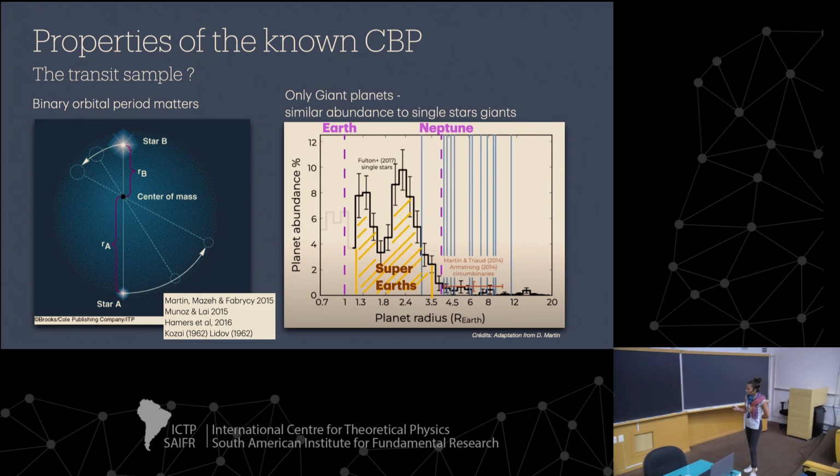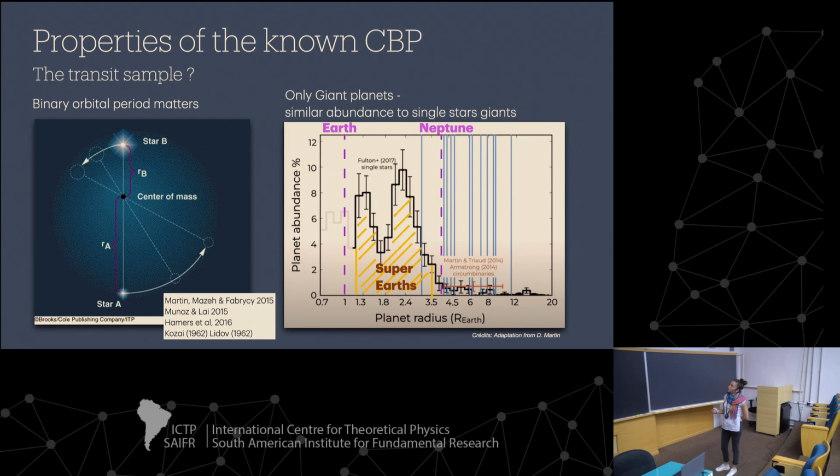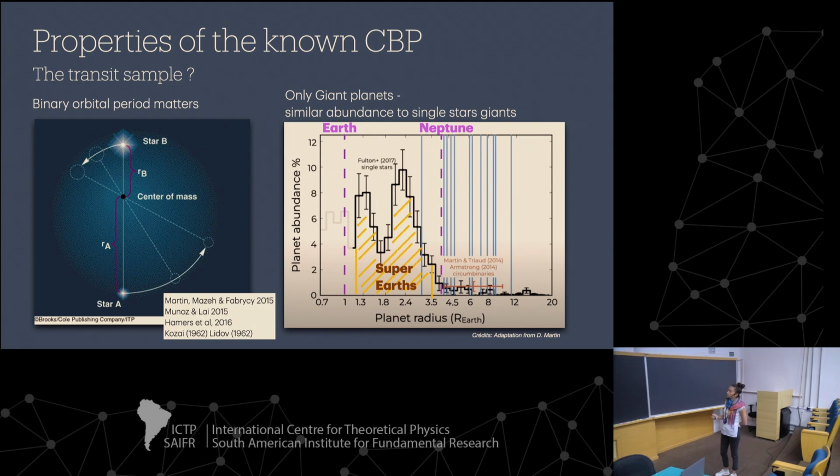So here you have the distribution. The black one is the distribution of the single planet detection, right? So you have Earth, that is like one radius, of course. Then you have Neptune, which is around the 4 Earth radii. And then in here in the middle, all of these are super Earth, around single star, sorry.